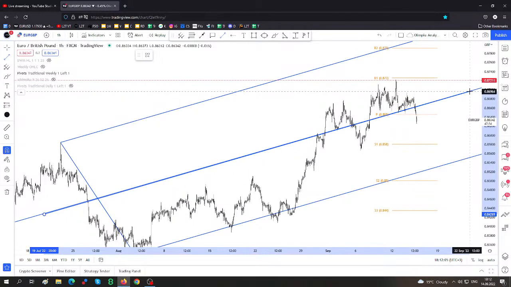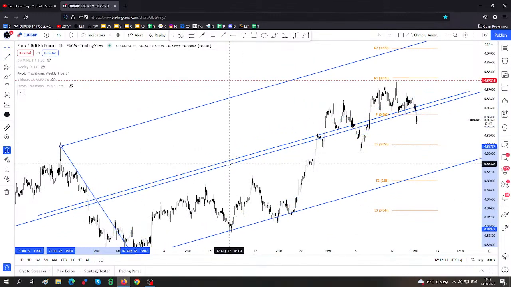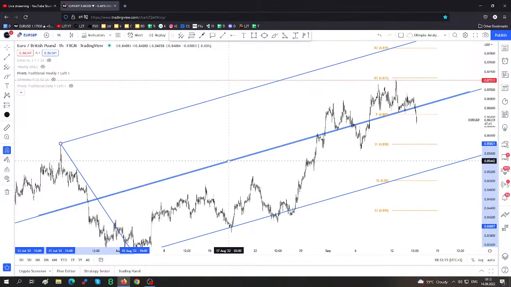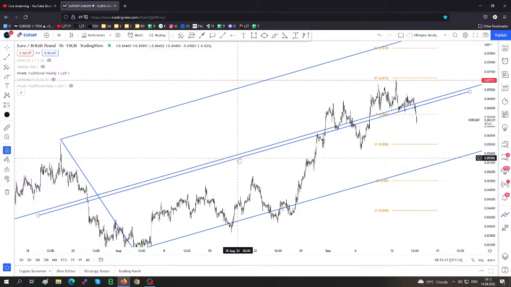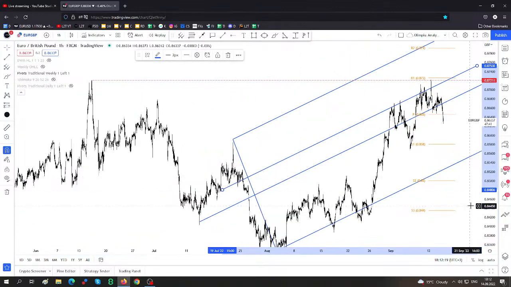I will draw a parallel line here with the median line of the ascending pitchfork.